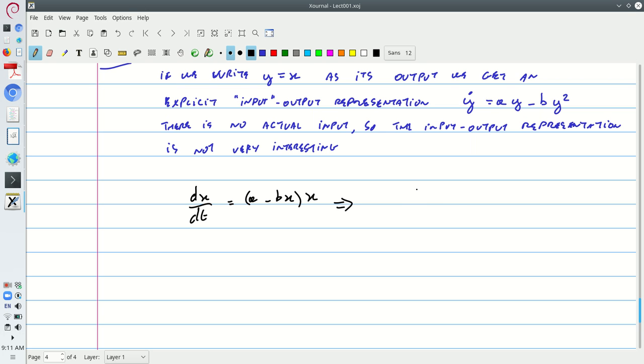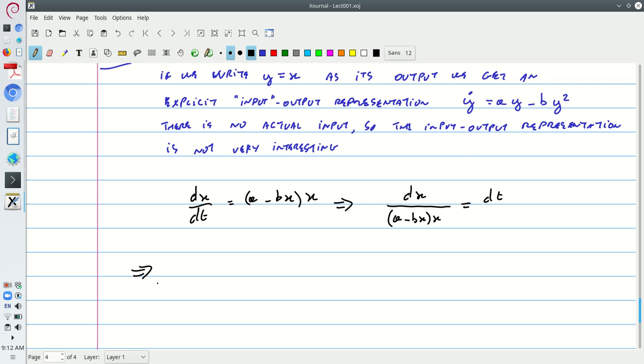It seems that can be done because I can write this as dx divided by a minus bx times x equal to dt. So I have separation of variables, and now I could proceed and integrate both sides. On the left hand side I have a fraction of two polynomials. At the numerator I have 1, at the denominator I have this second order polynomial, so in theory I know how to integrate this, and the right hand side is just a constant, so it's not too bad.